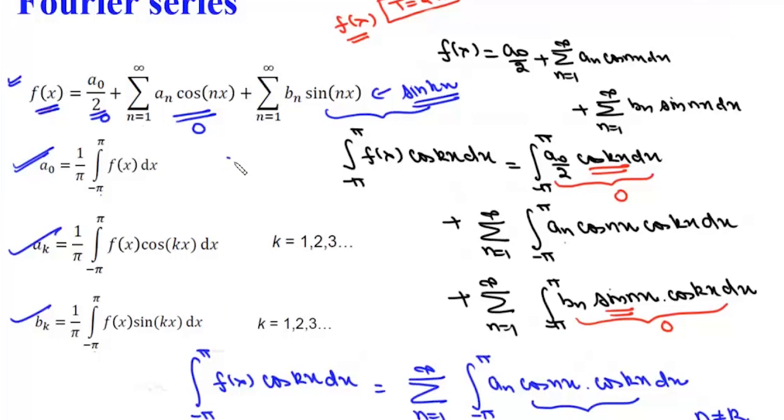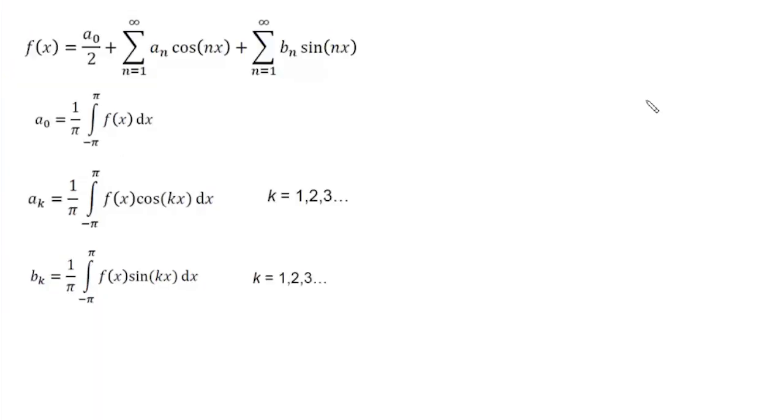So this is how we find Fourier's coefficients. Now there will be questions where you will be given this function f(x) and we need to determine these coefficients a0, ak and bk. Now at times you will find this function f(x) will be either even or odd. So if the function f(x) is an odd function, then this integral will be 0. In that case, this a0 will be 0.